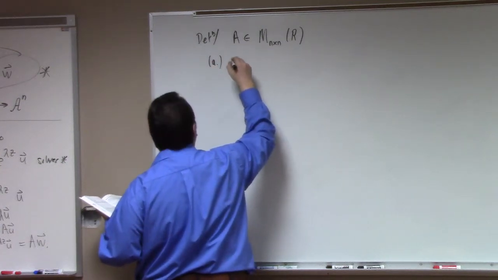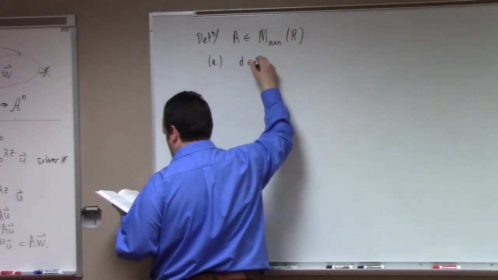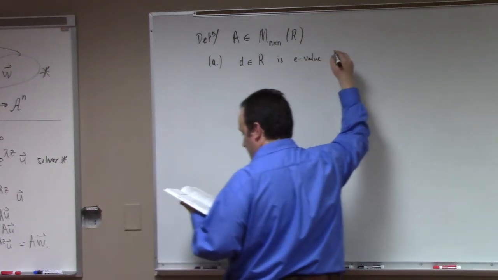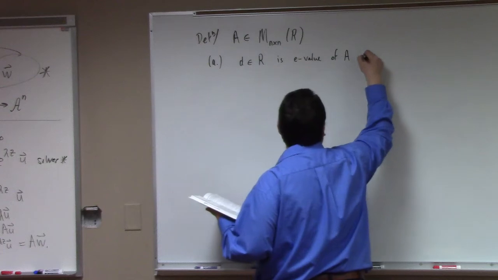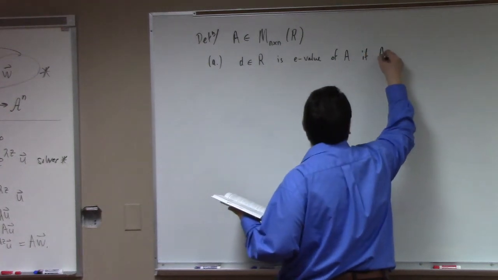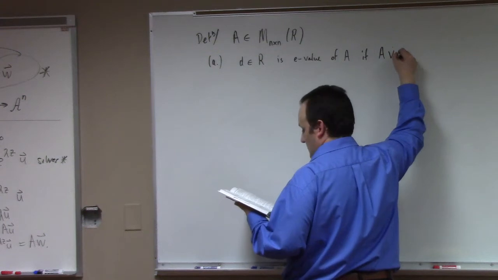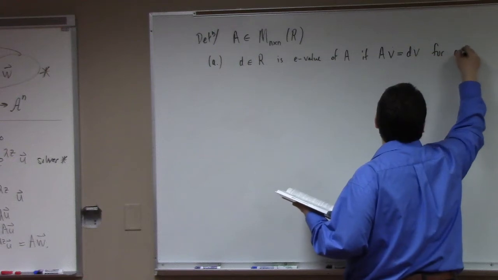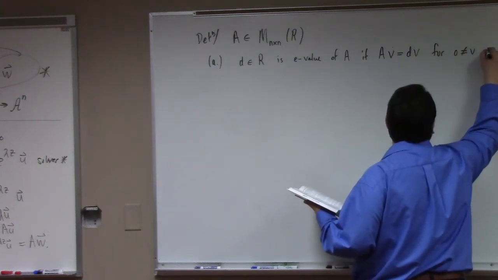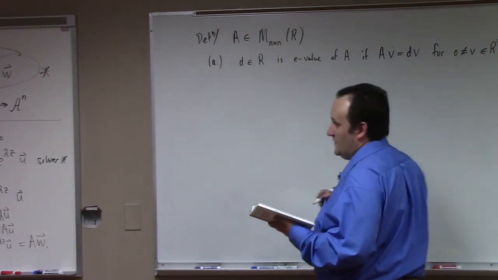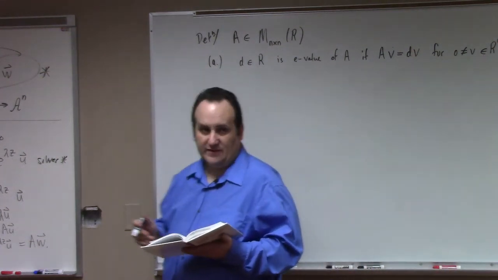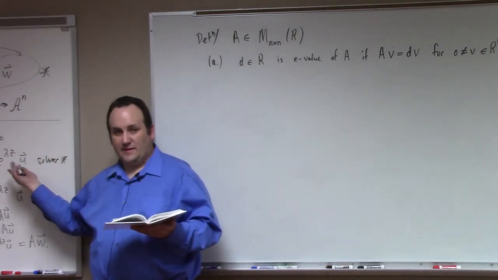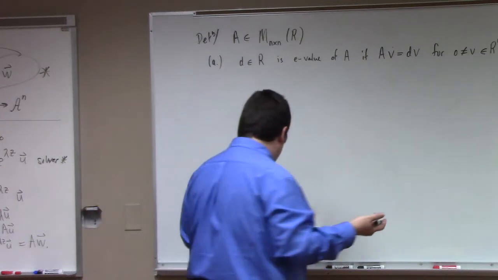An element d in R is an eigenvalue of A if Av is equal to dv for some non-zero v in R^n. So already you see that that's exactly my definition. Over here, my u is an eigenvector with eigenvalue lambda. Nothing surprising here, right?